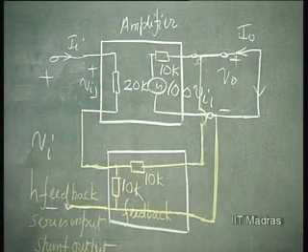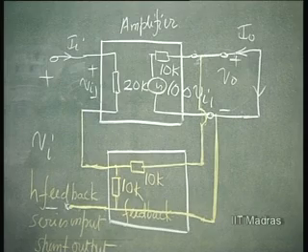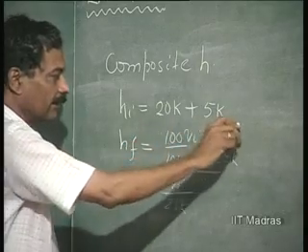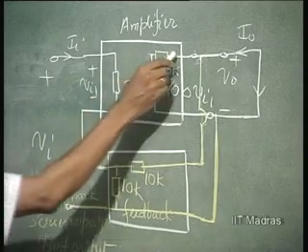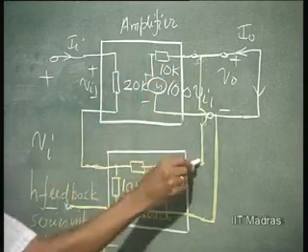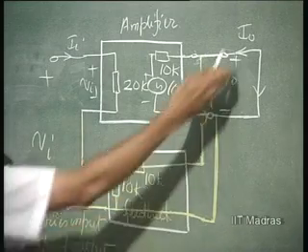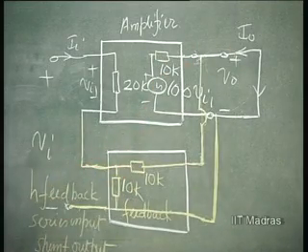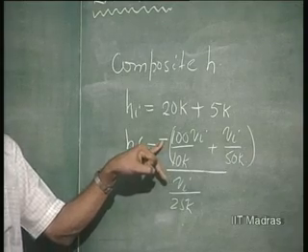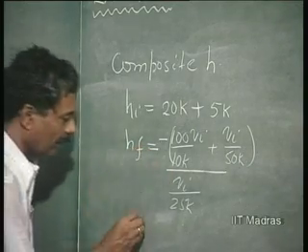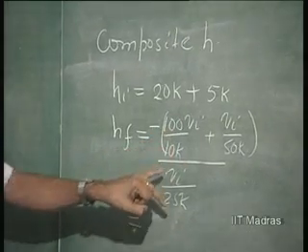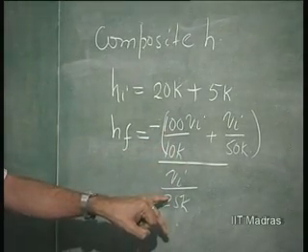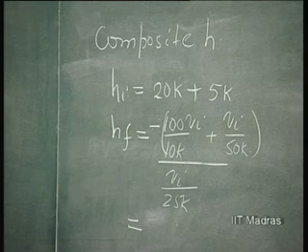The I naught of course is flowing in the opposite direction to this current, so this current is negative, because all these currents will be flowing this way, in opposition to I naught. This is an important aspect. So, the current gain now is, how much is it? So, 100 into 2.5.